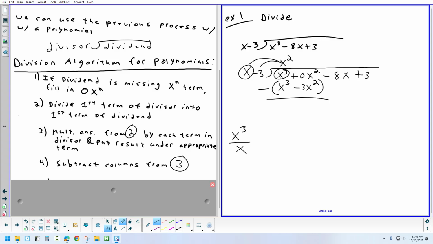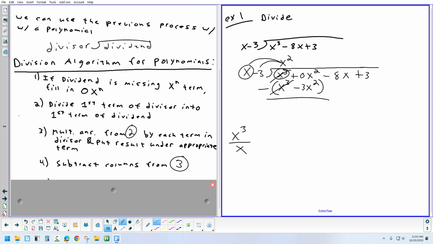Yeah, that's gone. And then the last column we have is 0x squared minus negative 3x squared. Diego, what's 0x squared minus negative 3x squared?